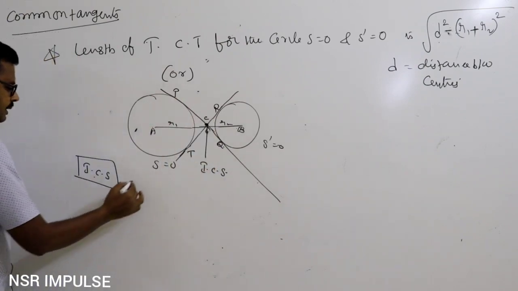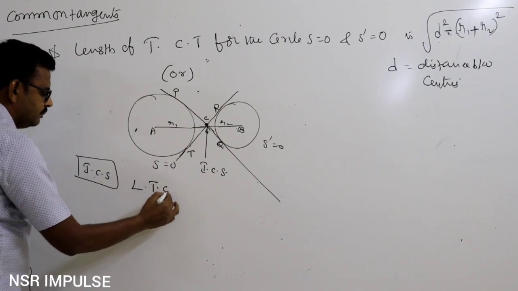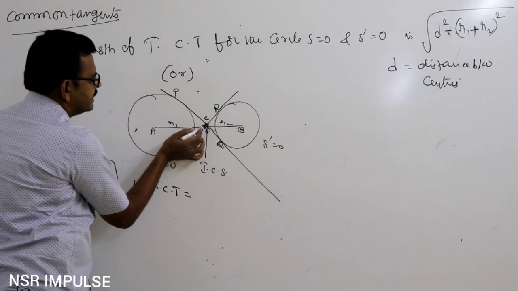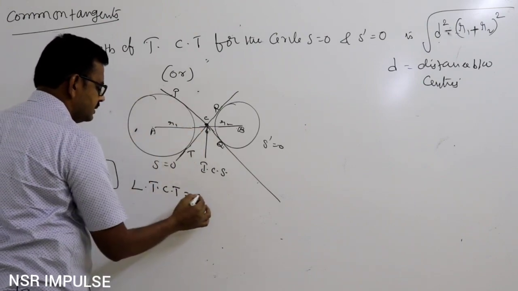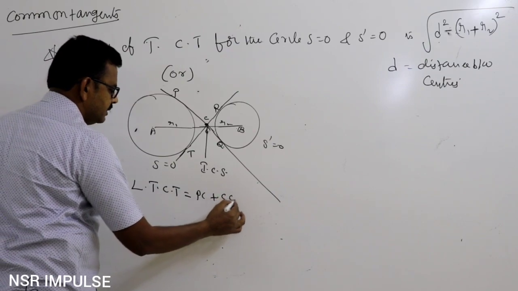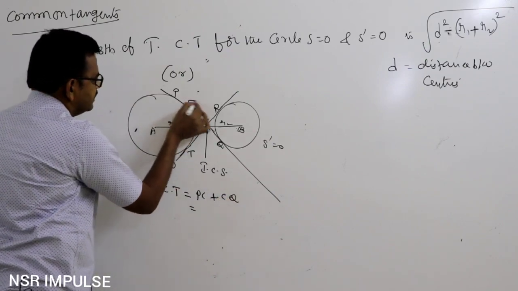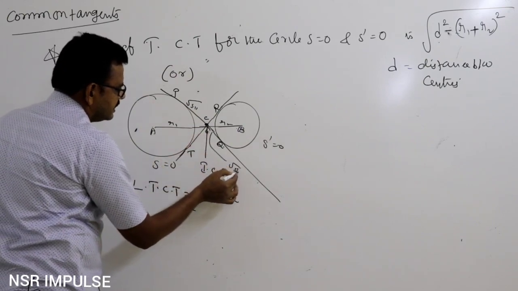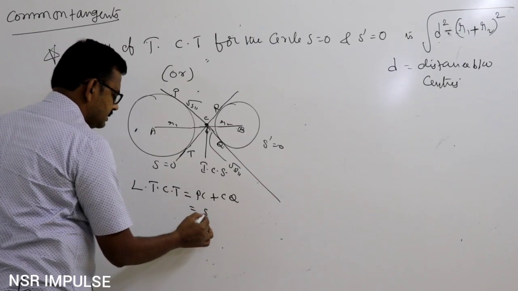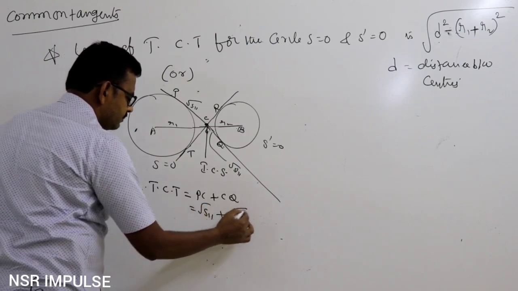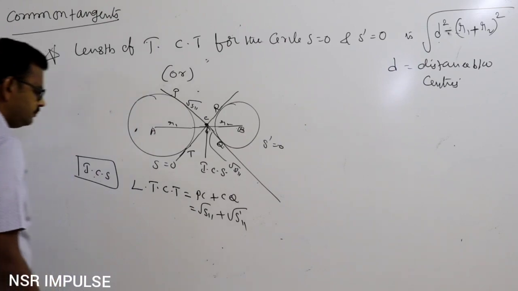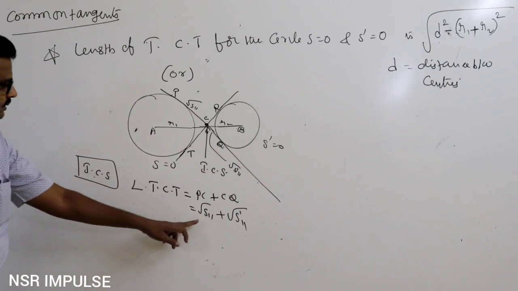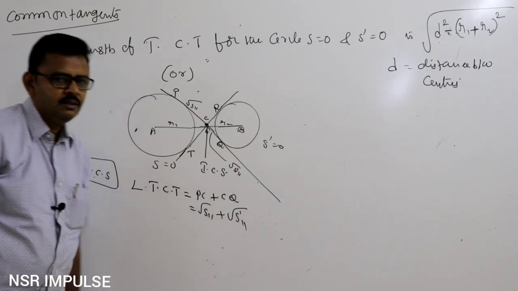So the length of the transverse common tangent is the length of tangent drawn from point C to the circle S equal to 0. This is PC plus CQ, where PC is the length of tangent, root S11, and CQ is root of S dash 11. So the length of the transverse common tangent is root S11 plus root S dash 11.